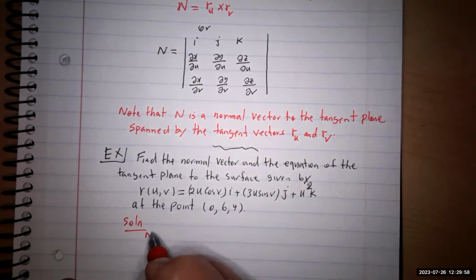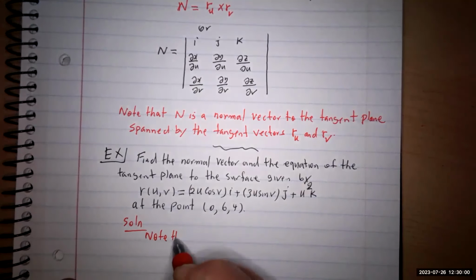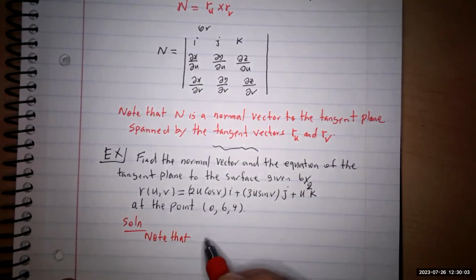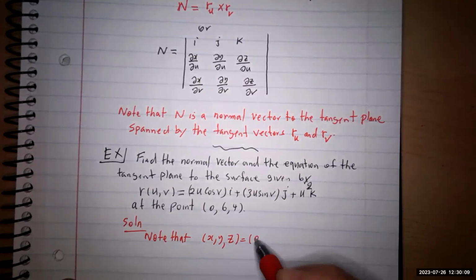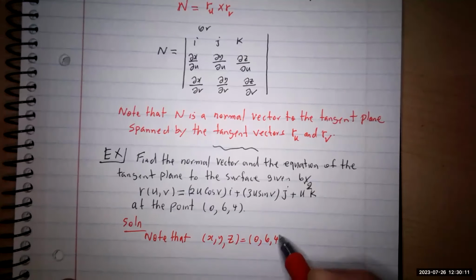So note that the one that's given is a point in three-dimensional x, y, z. So x, y, z is 0, 6, 4.